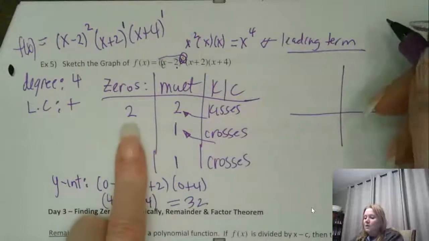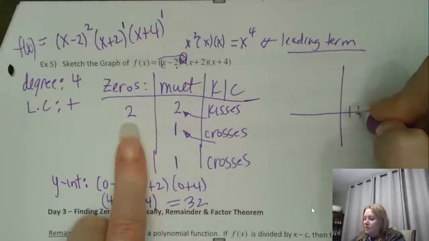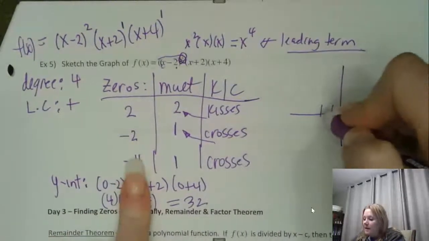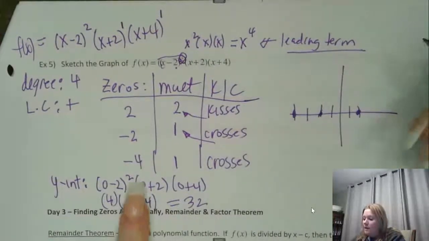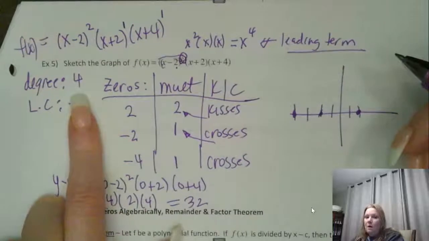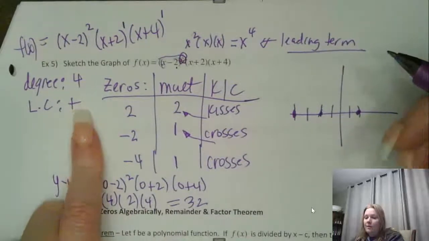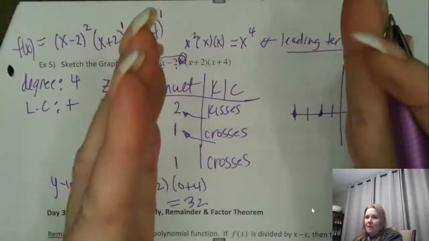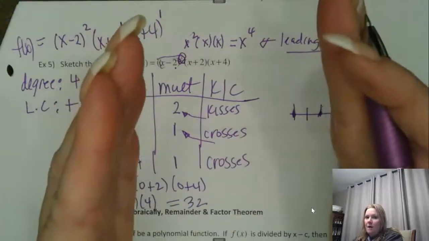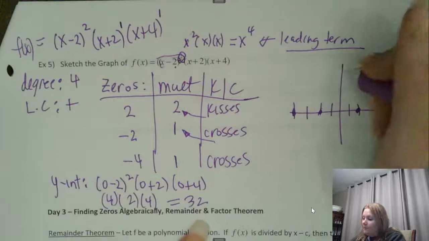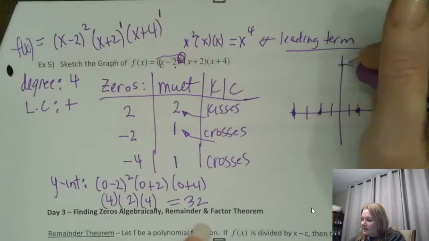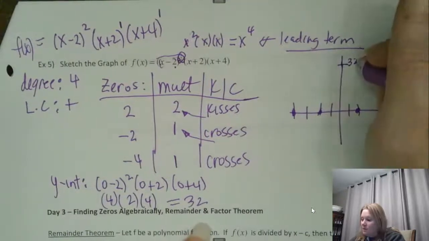Okay, so I have to say, okay, there's a 0 at 2, 0 at negative 2, 0 at negative 4. It's a degree 4 with a positive leading coefficient. That means I know the ends are up. Both ends are up. And then I know I have to cross the y-axis at 32.